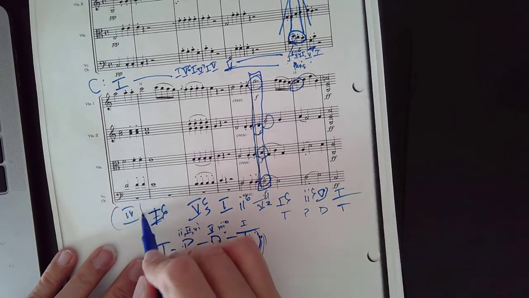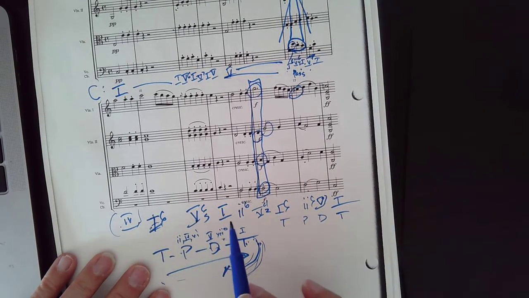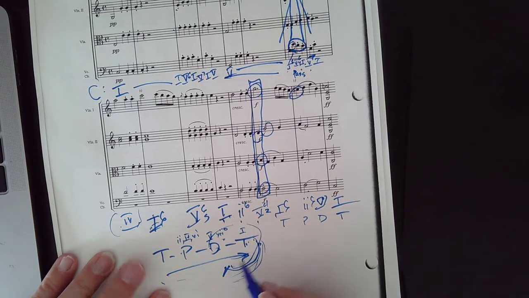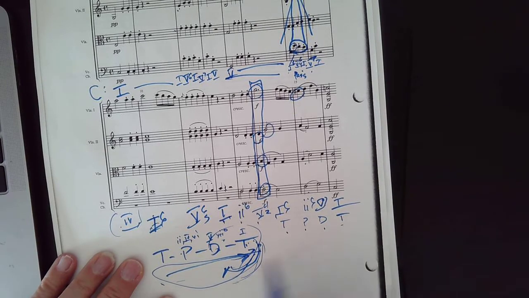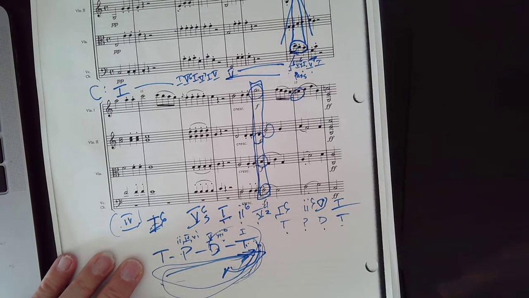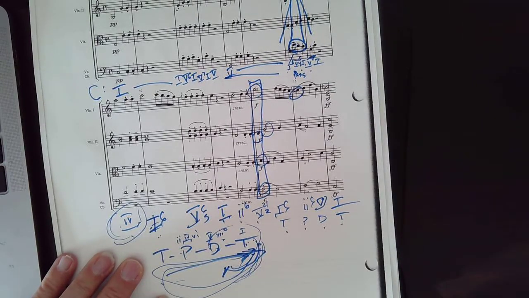Let's skip this measure for a second. Here we go tonic, dominant, tonic, again, cycling here. So now we're on tonic, predominant, dominant, tonic, longer cycle, tonic, predominant, dominant, tonic, longer cycle, okay? This one right here, 4 going to 6, that is something that happens.